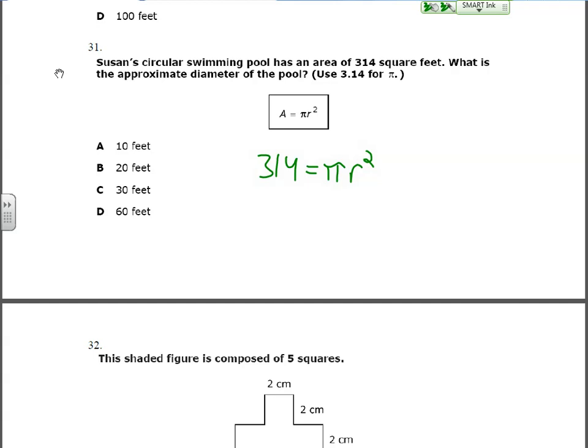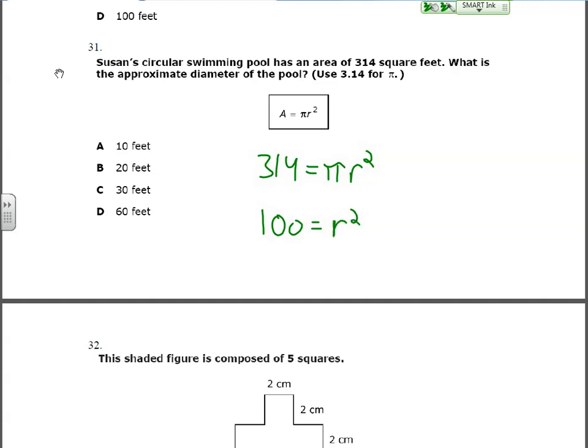So what are we going to do, Sebastian? We know one of the variables, which is pi, so 314 equals pi r squared, and you just divide by pi on both sides. That's going to give us 100, because it does say use 3.14 for pi. So 100 equals r squared.